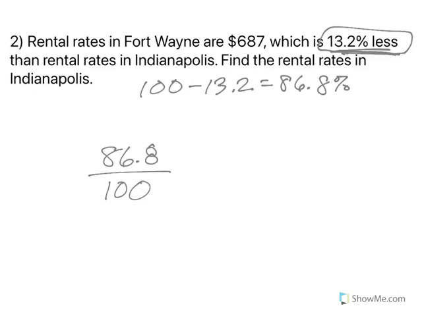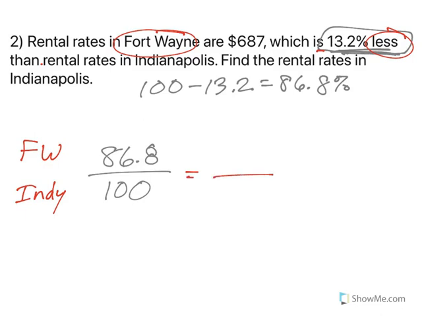Okay, now we're looking at Fort Wayne and Indianapolis. Which is which? Well, Fort Wayne is less than Indianapolis. So the smaller number is where Fort Wayne will go, and Indianapolis will be the higher one because Fort Wayne is less than Indianapolis. So now when I'm looking at my other side, rental rates in Fort Wayne are $687. We're trying to find those in Indianapolis.